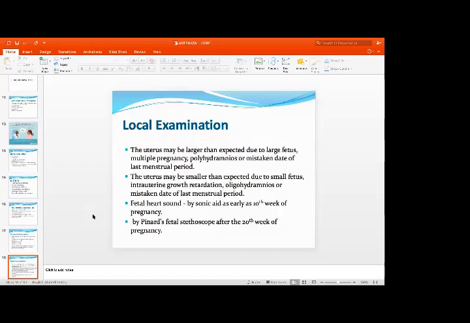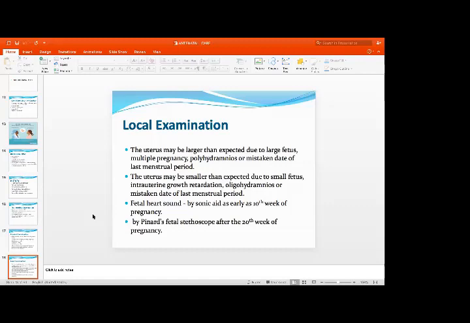A local examination or static examination includes the abdominal examination, which includes the measurement of the fundal height, symphysis fundal height. The uterus may be larger than the expected date due to a large fetus or multiple pregnancy, that is, if she has twins or triplets, then the fundal height will be larger.